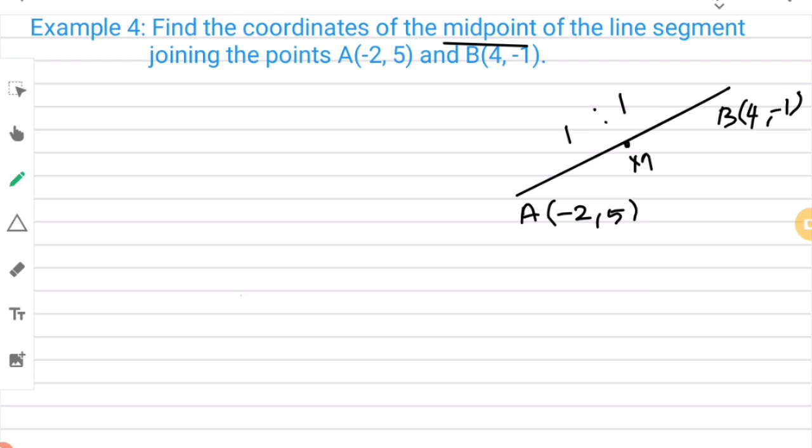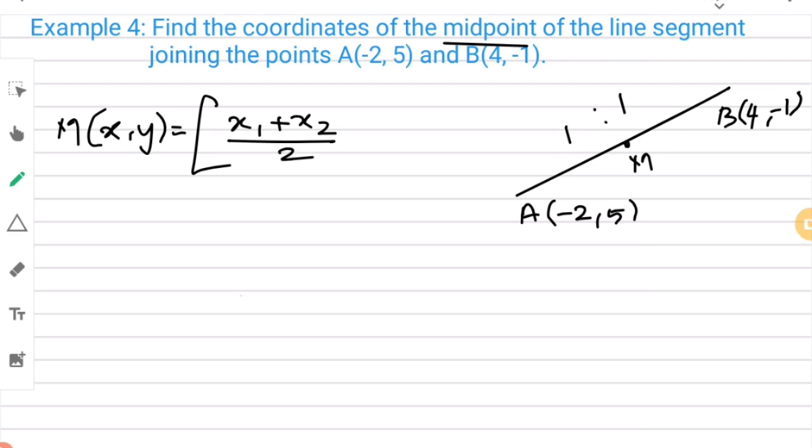In the place of m1 and m2, if you write 1 and 1, then your midpoint formula becomes M of x comma y is equal to x1 plus x2 by 2, comma y1 plus y2 by 2.